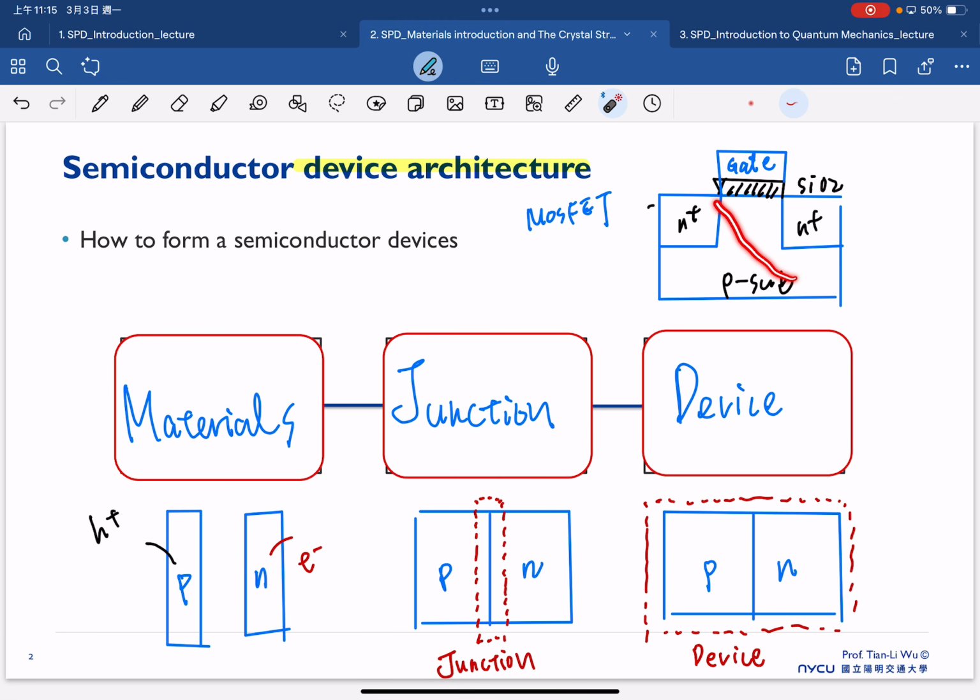And this is another place where we have the materials that combine the N and P. So therefore, this region, we have the PN junction. And on the left hand side, we also have the PN junction here.